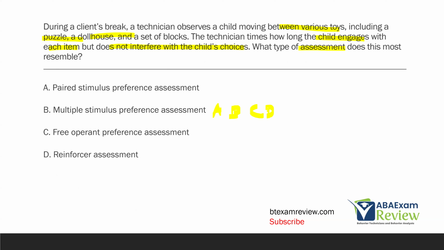Remember the difference between a preference assessment and a reinforcer assessment. With a preference assessment, we're just trying to determine what the client does and doesn't like and potential reinforcers. With a reinforcer assessment, we've got to actually manipulate things and look at behavior change. That's not what is occurring here, not a reinforcer assessment. What is happening is this technician is letting the child lead, and that's going to be considered a free operant preference assessment.